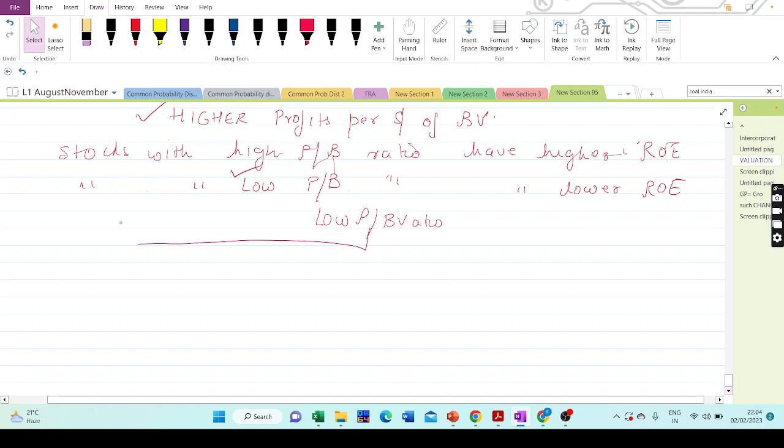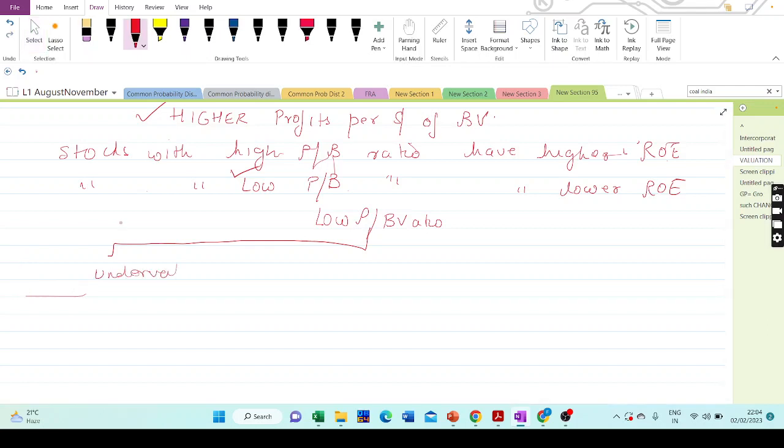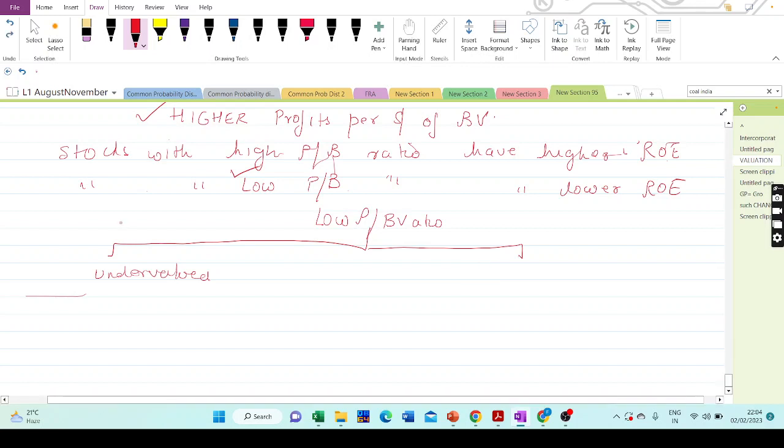Yes. So guys, a low PB ratio can mean that the stock is either undervalued, or the market believes that the assets of the company are overstated. Please note down.